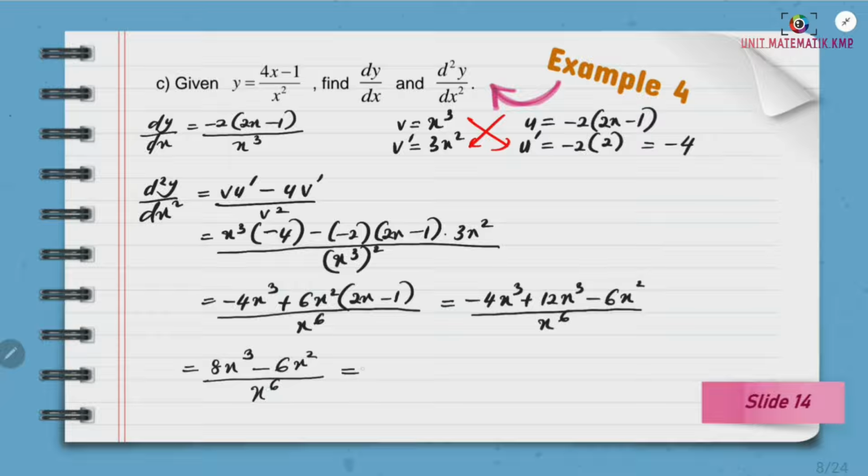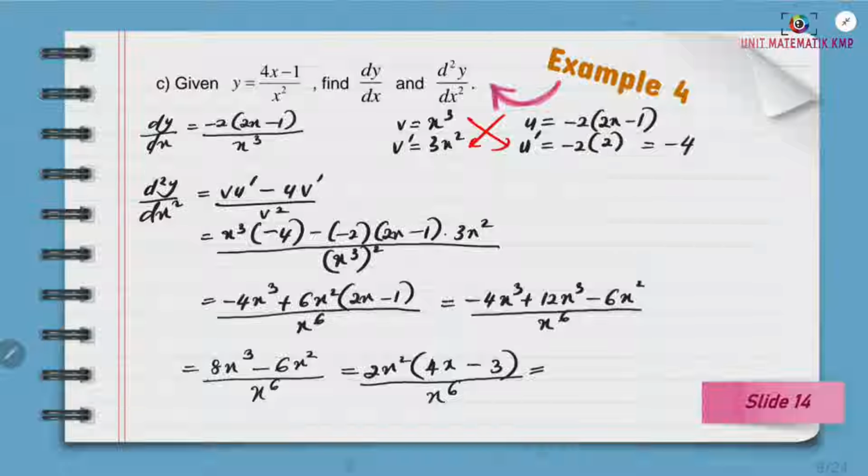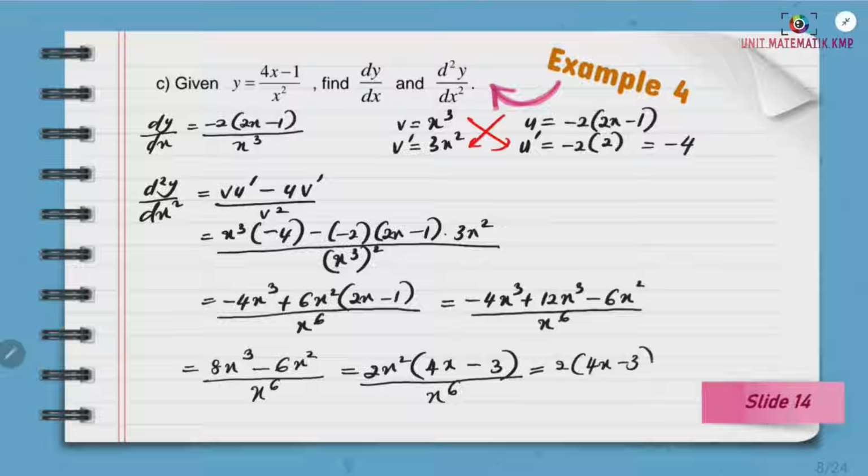And we can factorize 2x squared. So we have 2x squared times (4x minus 3) divided by x power 6. And we can simplify. We have 2 times (4x minus 3) divided by x power 4.